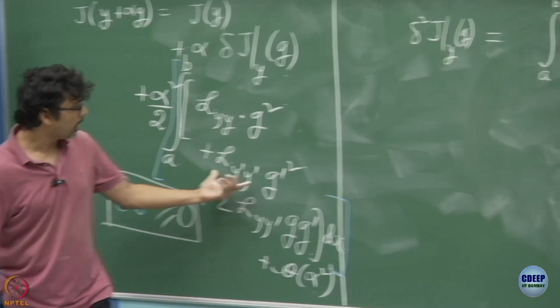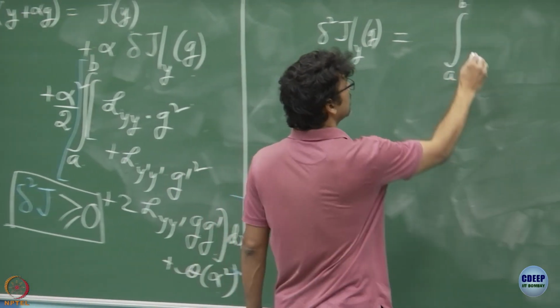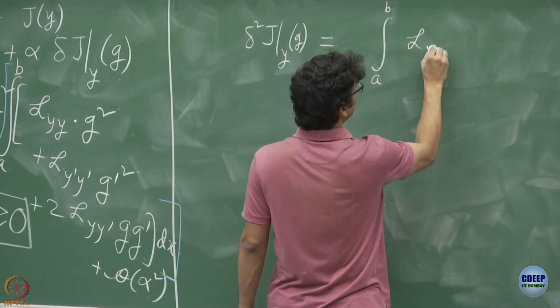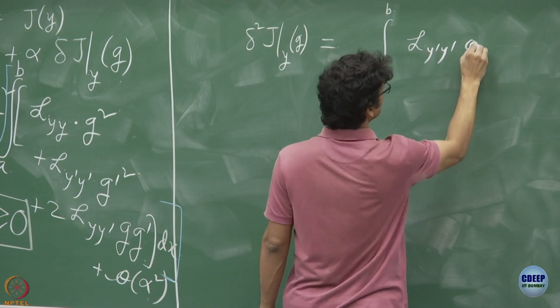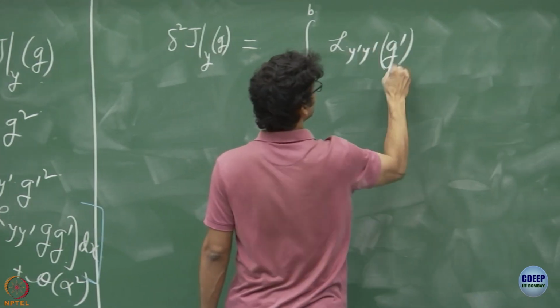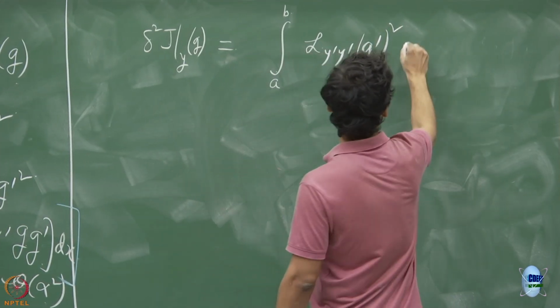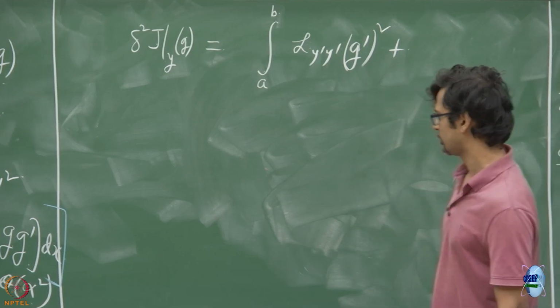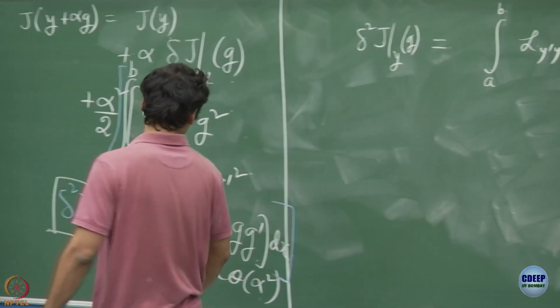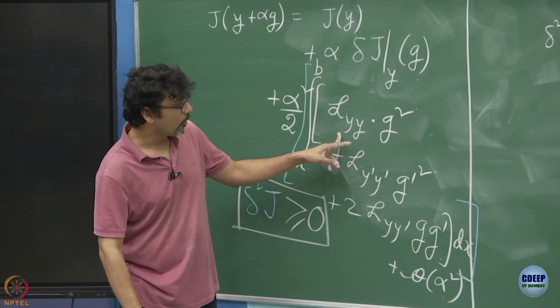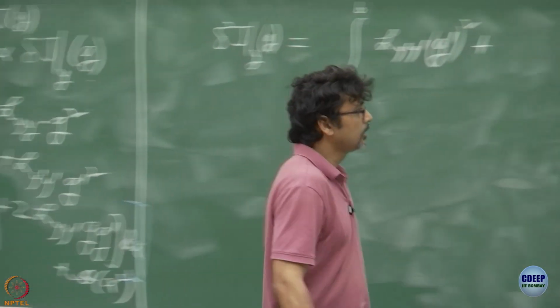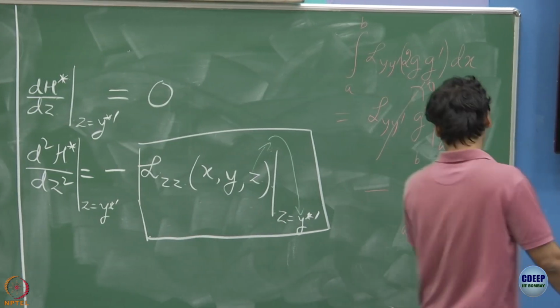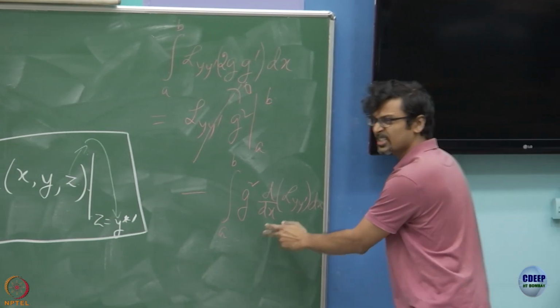Look, this part remains exactly as it is, L y prime y prime, g prime squared, plus there was this L y y, but the other term gave something else, no, with a minus sign.